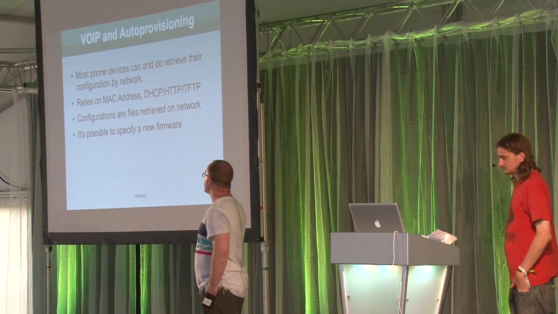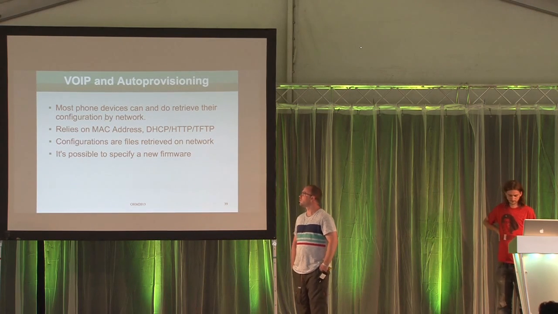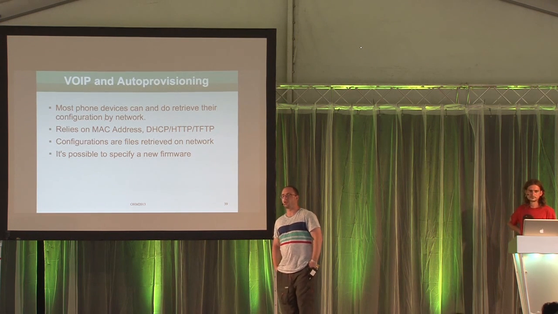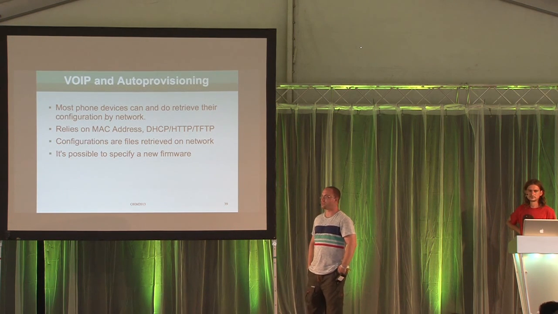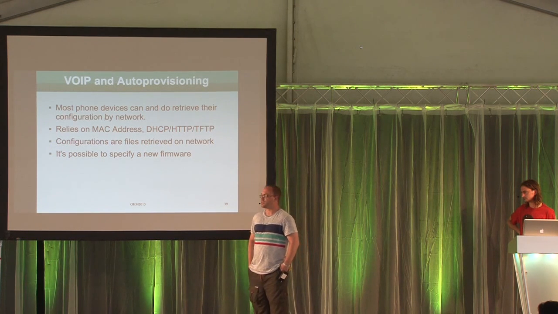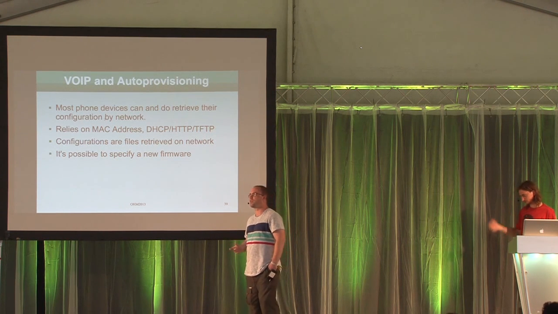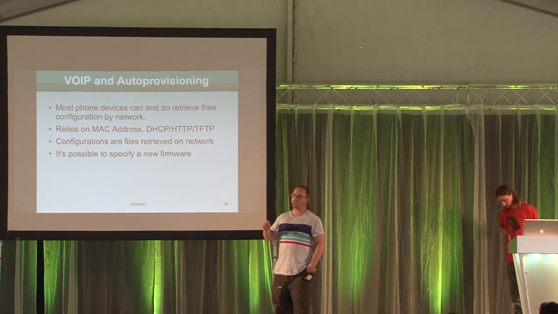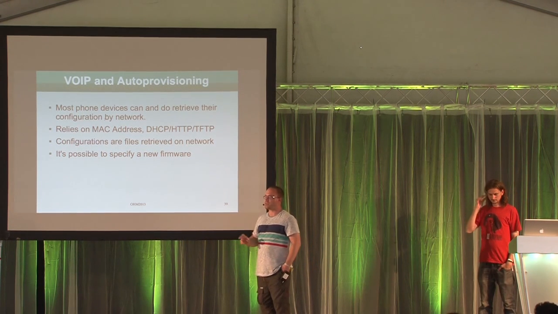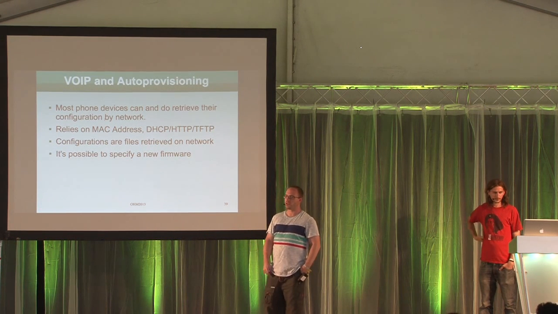What it mostly does is a first DHCP request, and some of them will look for the next-server option, which will point to a TFTP server or HTTP server, and they will ask by default first for a default configuration file, which could be brand.cfg or brand.xml, and then a specific configuration file which is identified by the MAC address of the phone.